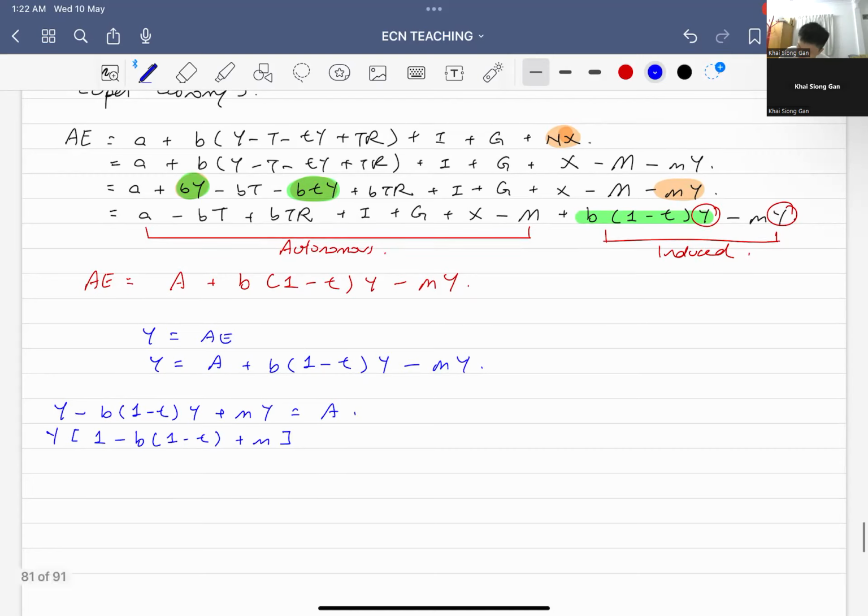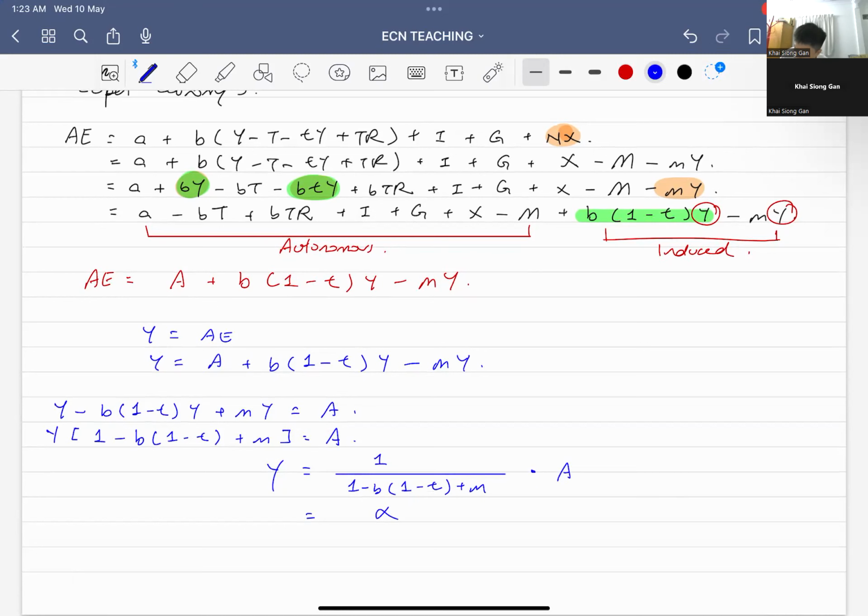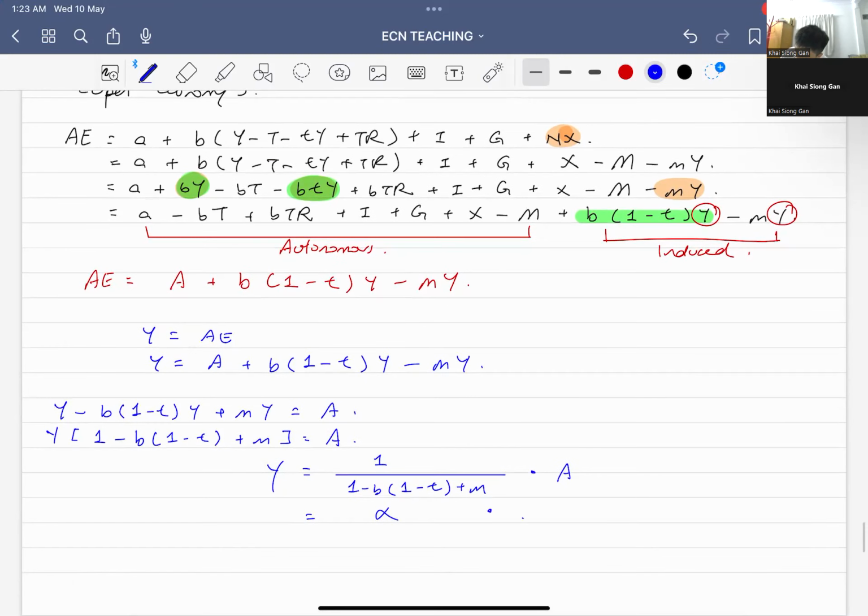So this one becomes A, and now I can find the equation for this Y here, which I move to the right hand side. It becomes 1 over 1 minus b bracket 1 minus t plus m, times A. So now the one on the left here, the equation is the multiplier times A. So now this is my third formula for the multiplier.